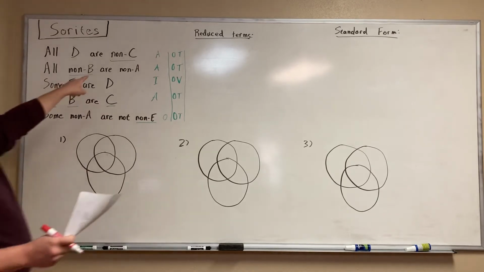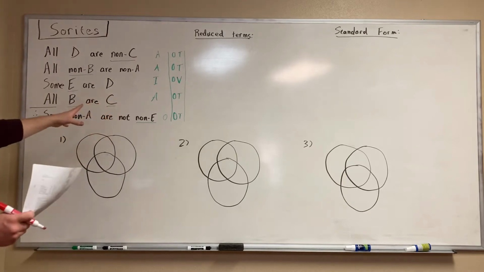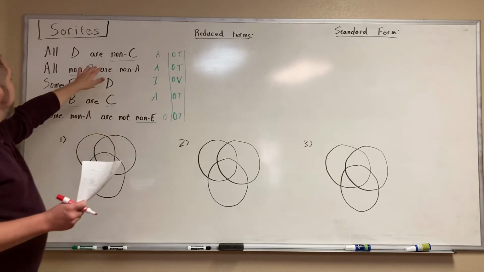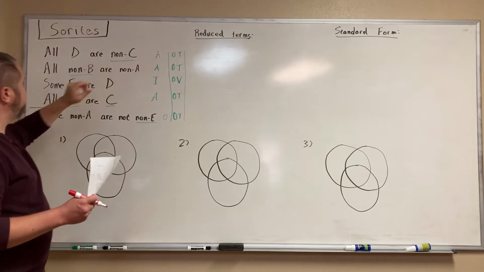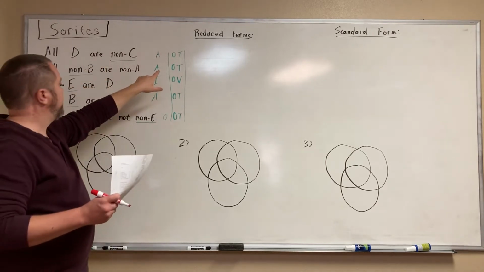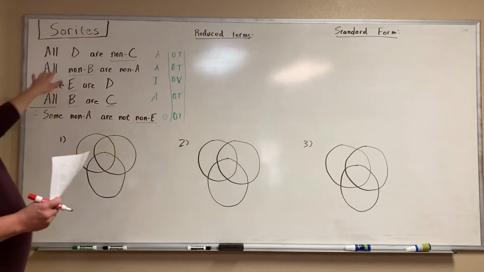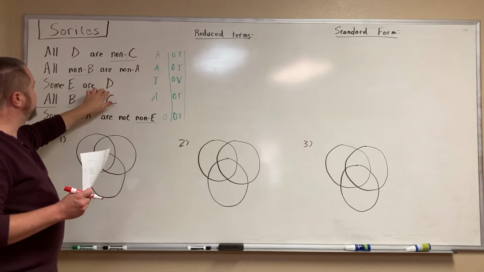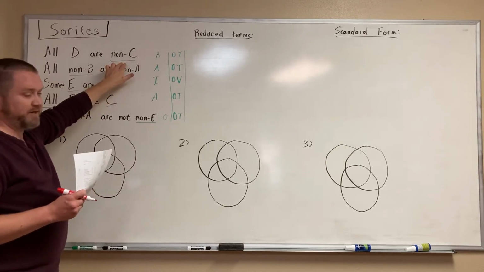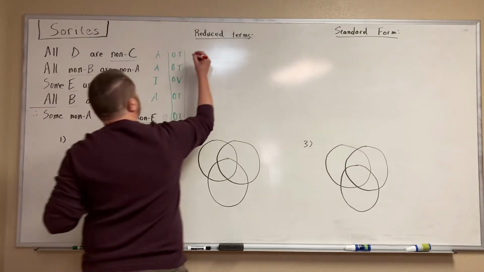So the first one, we're going to have to reduce non-C to C or vice versa. But I noticed that I can do contraposition because it's an A statement. Oh, actually, the first one I'll use obversion, because that one won't change the D that I want to keep the same, but it will change the non-C to C, and then we can reduce those terms.